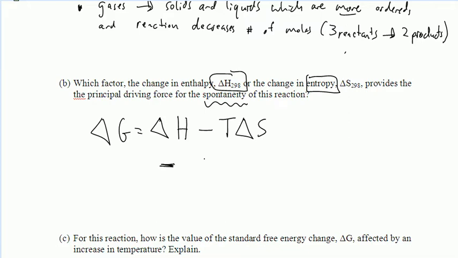We know that this is a minus, and we know that delta S is negative. I've told you guys to make this a positive to make it easier to look at. They've locked the temperature here at 298, so we are not manipulating temperature. That's out of the picture.